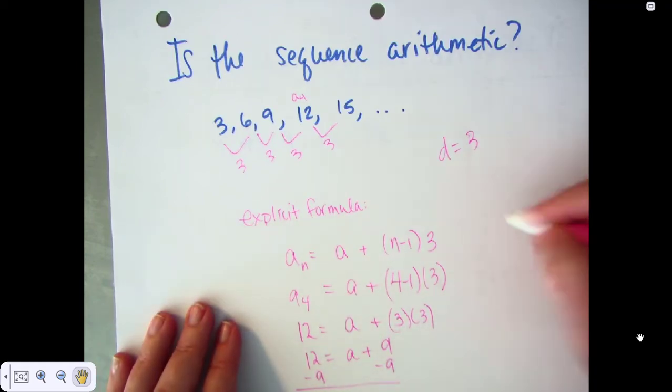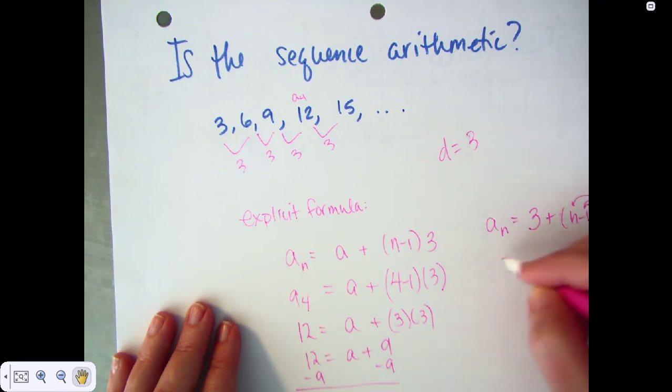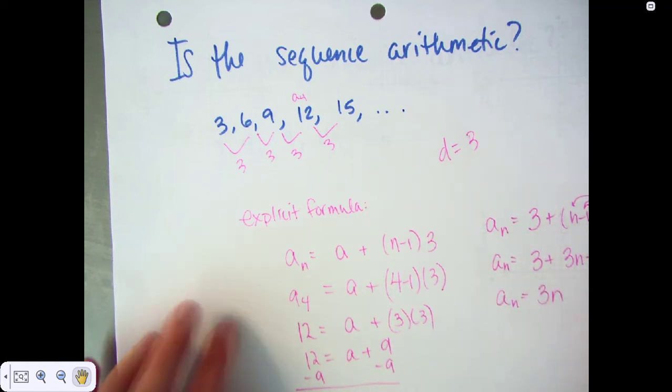So I'll get a sub n equal to 3 plus n minus 1 times 3. And then let's do the distributive property. And then combine like terms. So 3 minus 3 is 0. So I just get 3n.